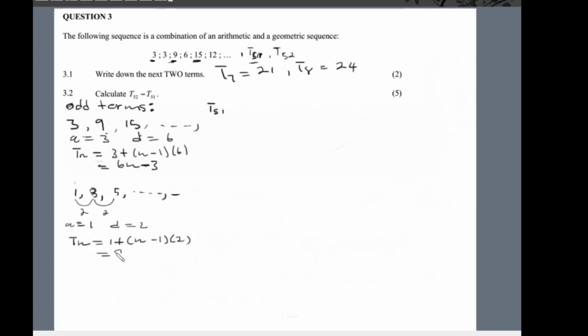So it will be equal to 2n minus 1, right? We want to find which position term 51 is in this sequence, right? Which position is term 51 in our sequence.